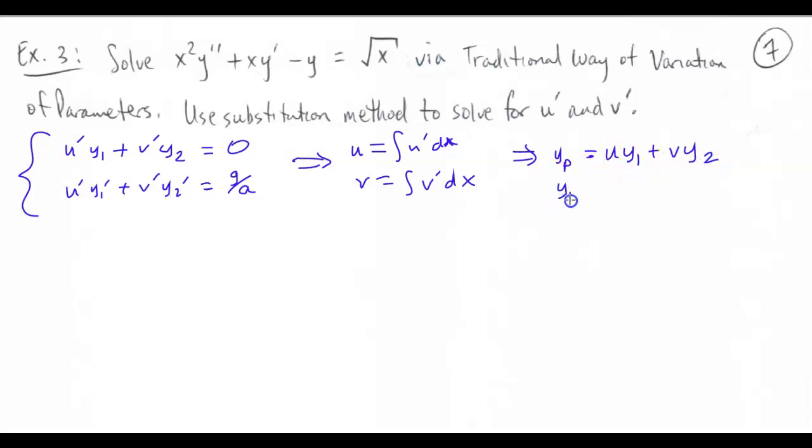Our homogeneous solution will look like this. And our total solution, which is what we're looking for, is going to be basically a sum of these two. So to put everything in a nutshell, this is what we're trying to do. And of course, finding this is what we'll actually do first.